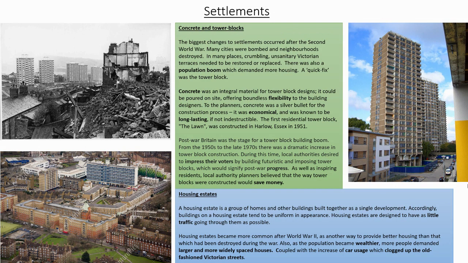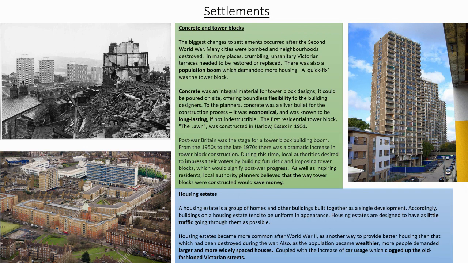Because of conflict, for us the Second World War, much of the old Victorian housing was destroyed, but a lot of it was just unfit for purpose because it was unsanitary and it was falling down. And so a lot of the old Victorian buildings were cleared away, and concrete and steel and glass were used to create the settlements that we have today. I want you to pause the video here and just read through this and then restart the video again.